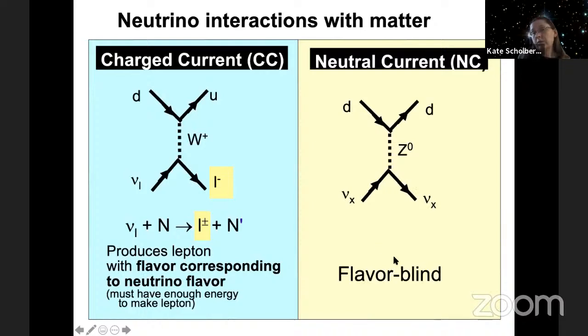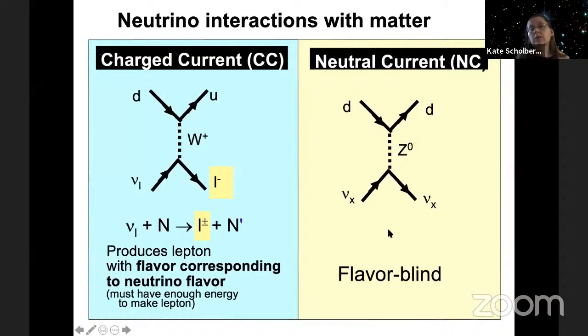However, there are interactions that can create particles in the final state that are observable even if you're less than, say, the mass of the muon. And these are neutral current interactions. These proceed by exchange of a Z boson, and can be, for example, scatterings. Those don't have a threshold, so they can happen at any energy.